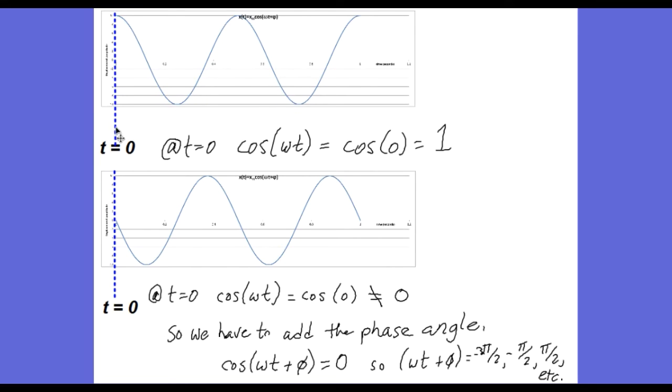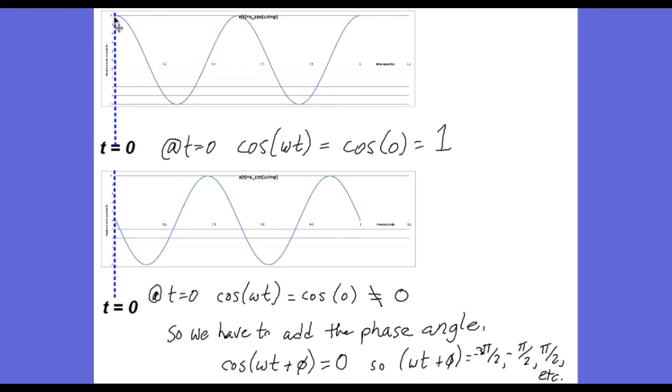So at time t equals 0 on our graph, here's our time axis, the value of our cosine function is 1. That's how scientists have chosen to begin looking at oscillatory motion. Begin with positive x max as our starting point.